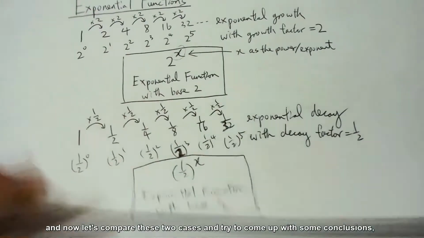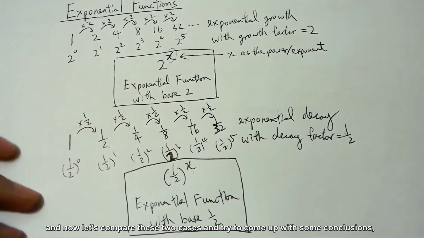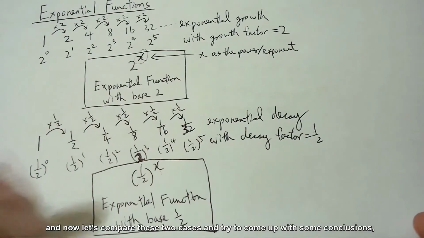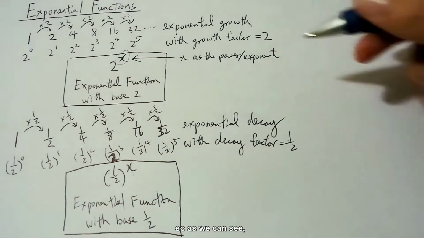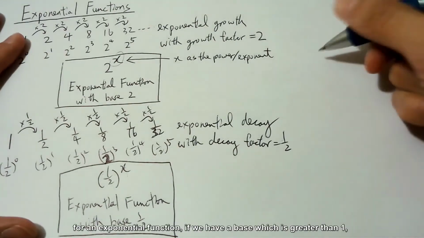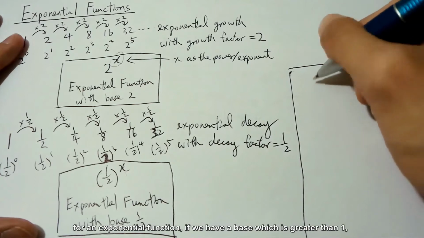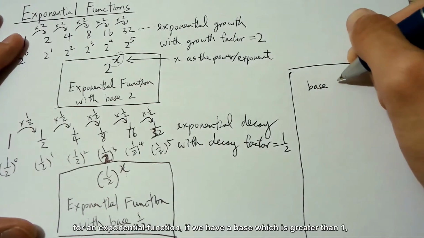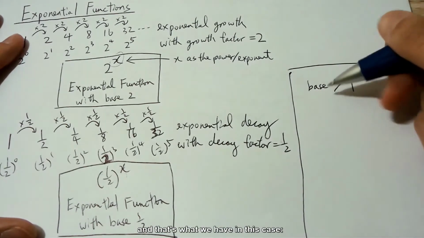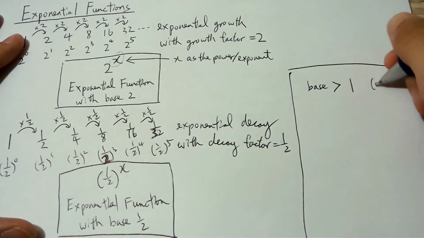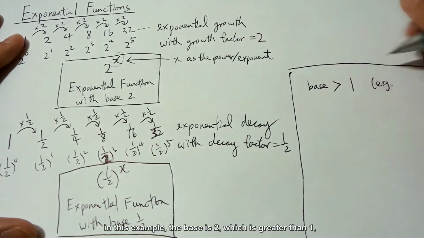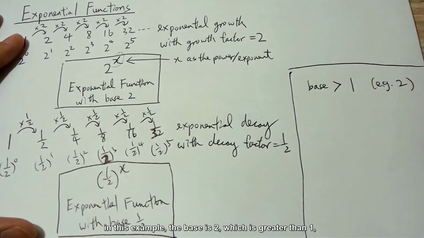And now let's compare these two cases and try to come up with some conclusions. So as we can see, for an exponential function, we can have a base which is greater than 1. And that's what we have in this case. In this example, the base is 2, which is greater than 1.